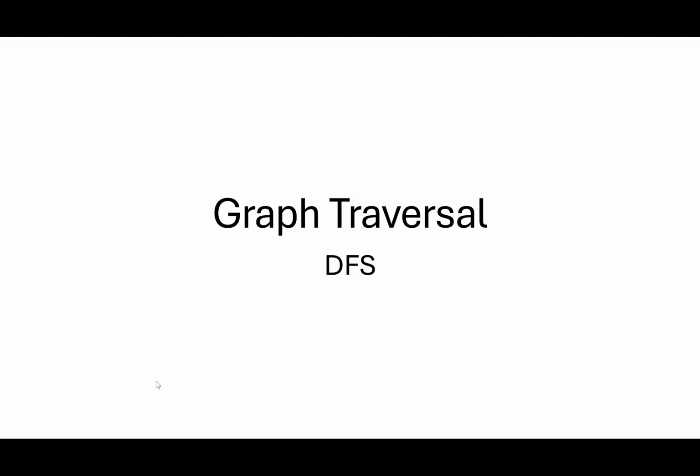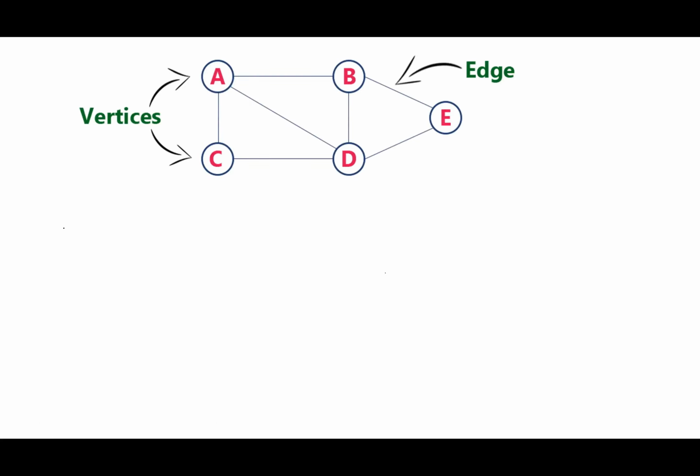Okay, so let's talk about the graph traversal algorithm, DFS. As you know, DFS is depth first search. And like BFS, here also, since this is a graph, we want to make sure that if we visit a node already, we don't want to visit it again.